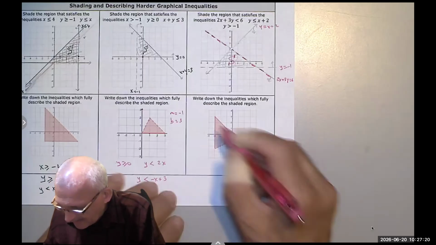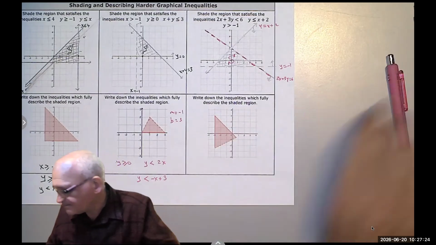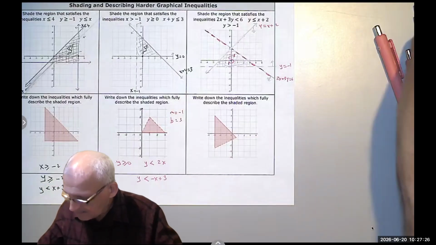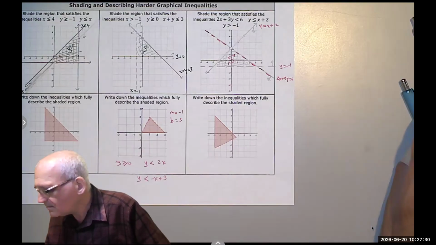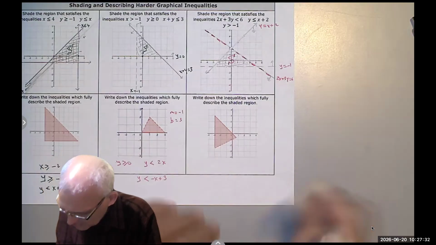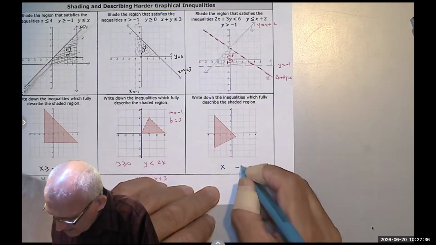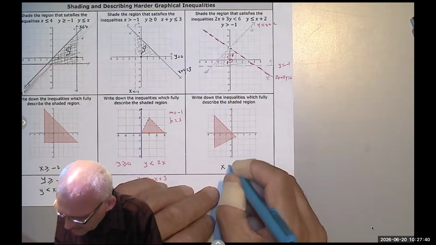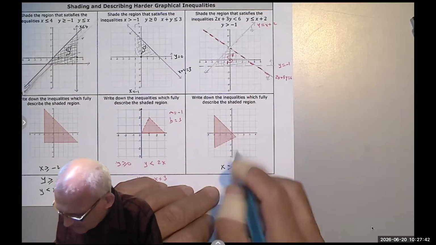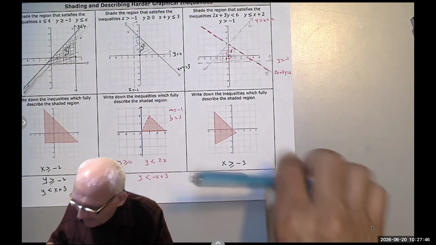Finally, I have, this is a solid line, vertical meaning x, right? So x and -3. It's to the right of x, so x is greater than, it's solid, so greater than or equal to -3. How about this one?